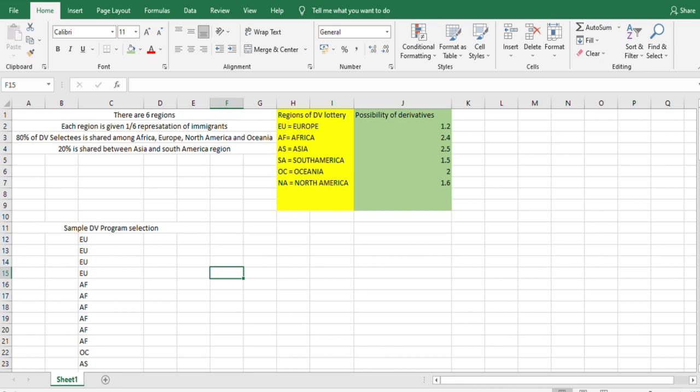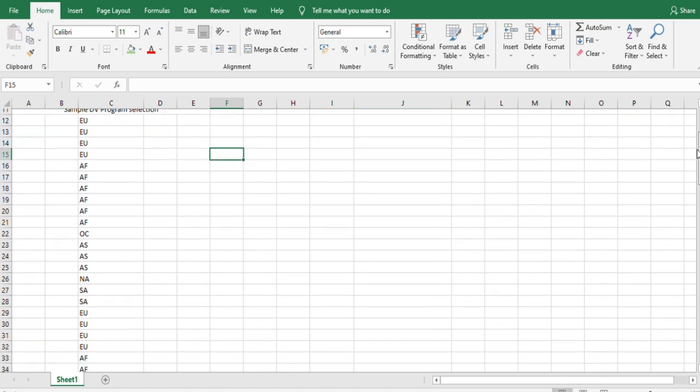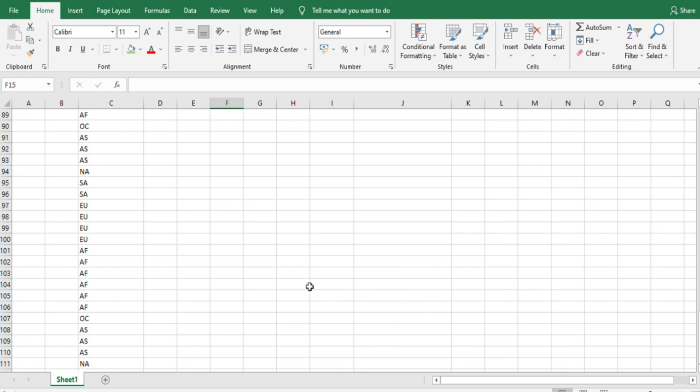For example, in our sample here, we have people submitting their entries from Europe, from Africa, from Oceania, from Asia, from North America, from South America, from all the 6 regions. And in our sample, we have a total of 100 applicants. We'll be using this sample to clearly understand how these case numbers are issued.